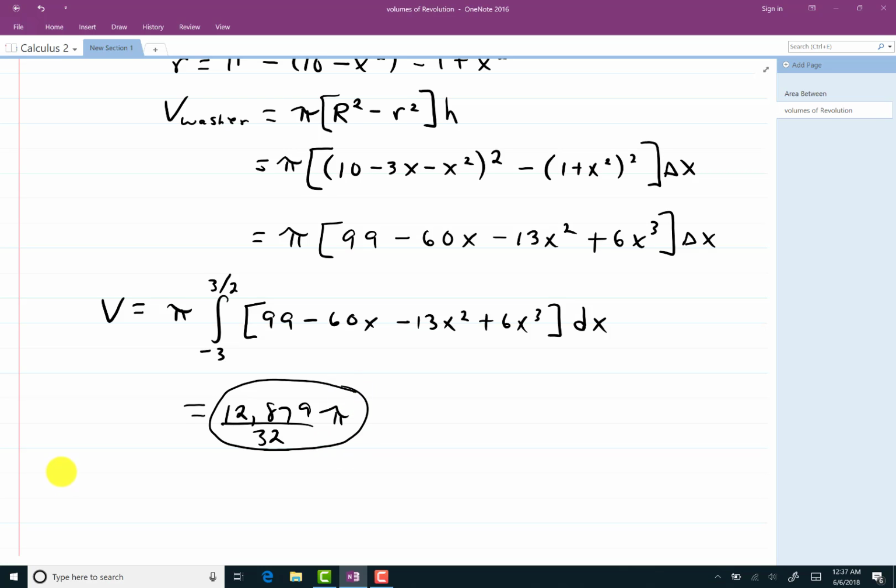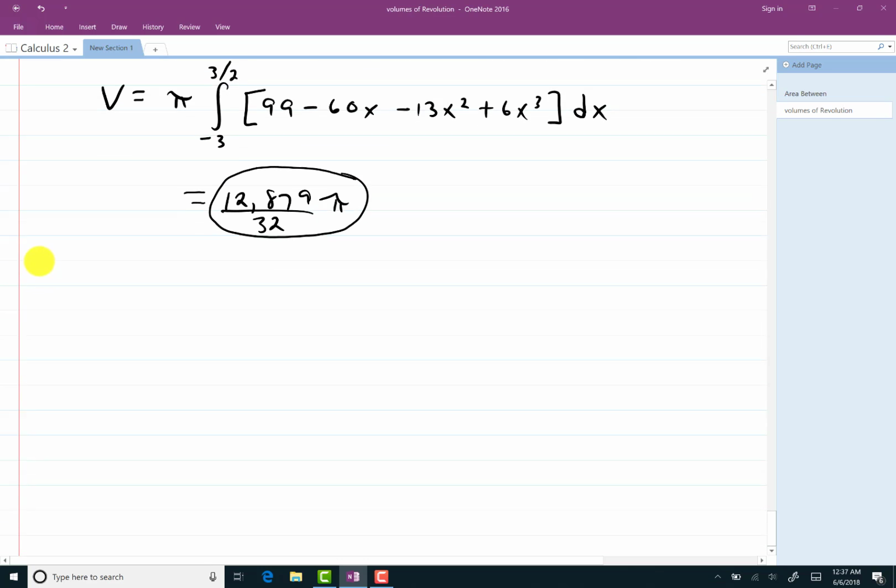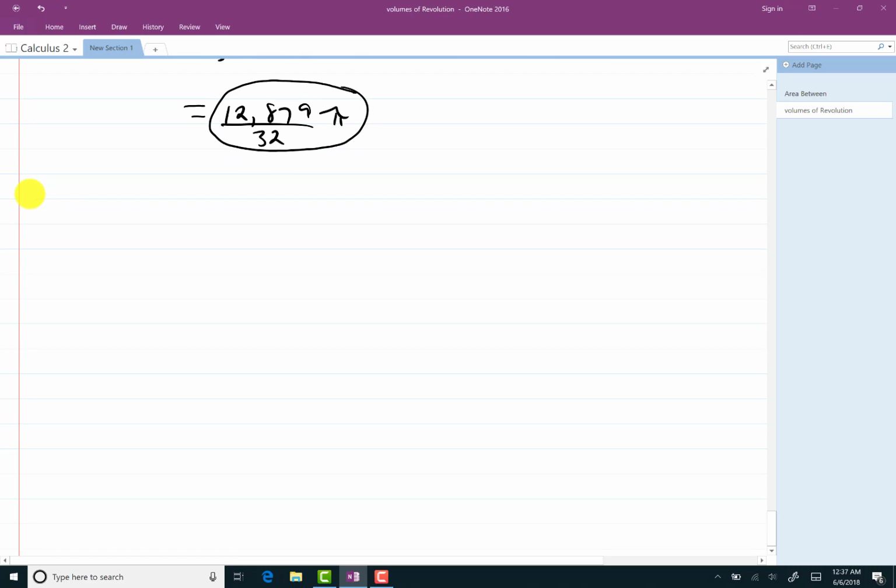One last example, and this is one where you're thrown a little bit for a loop.